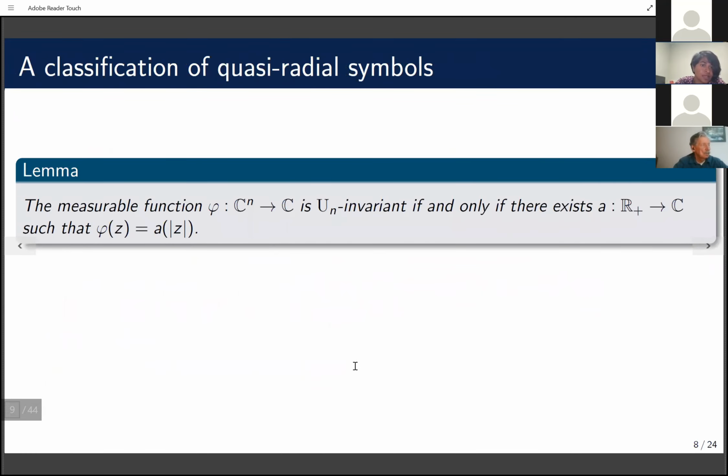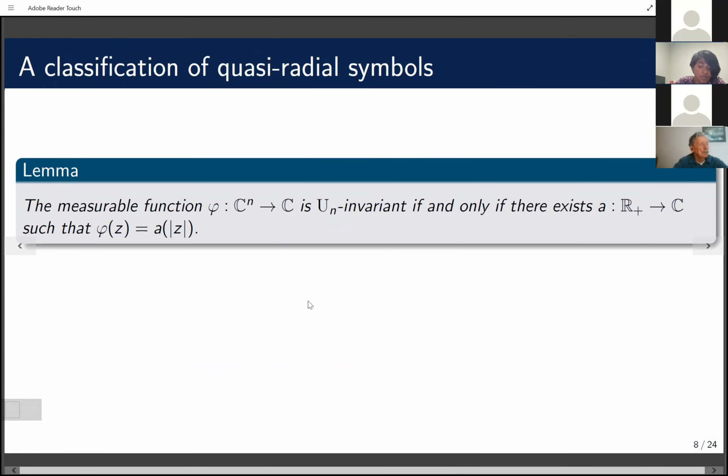Now, we can classify these quasi-radial symbols. So we have this lemma, which is a well-known lemma.